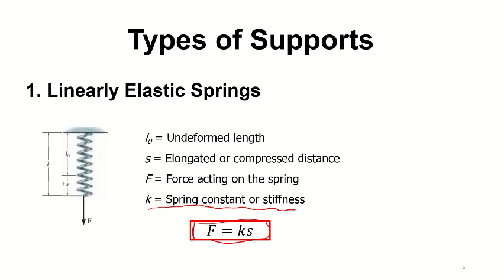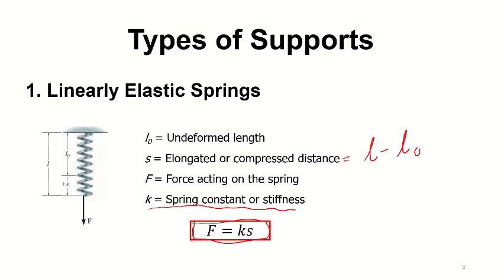F equals K times S. So after the force F, the spring extends its length to L. The elongated length S is equal to L minus L naught.